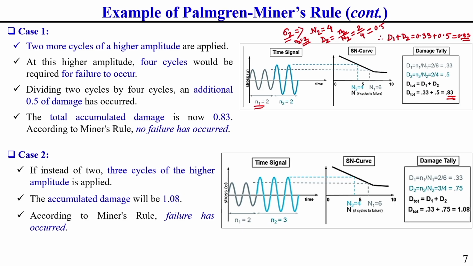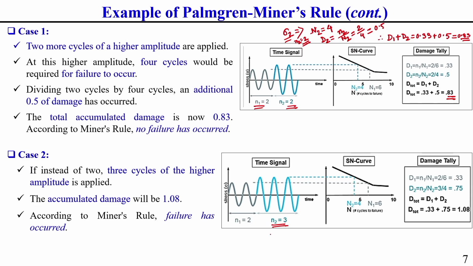Now, if we further increase the number of cycles at this higher stress level sigma 2, instead of 2 cycles, if we use 3 cycles, what will be the overall damage? That I am showing here.